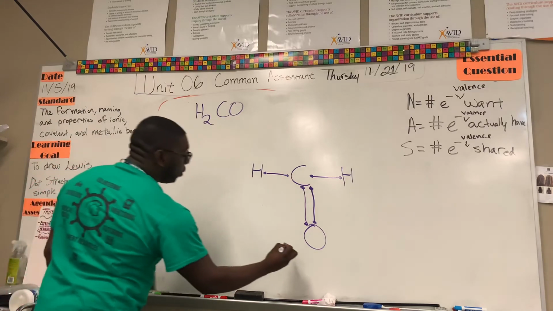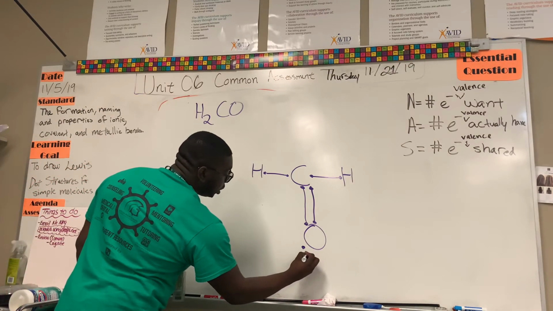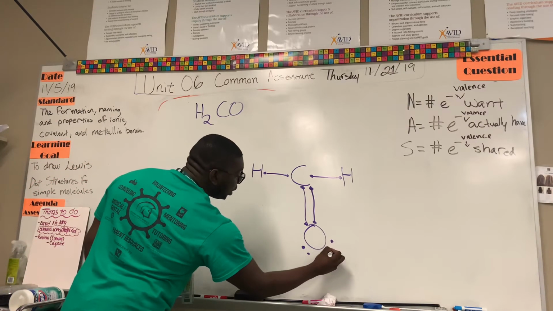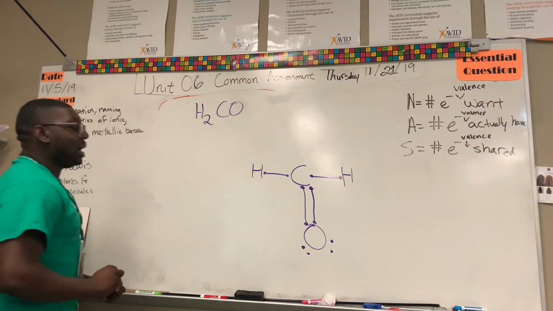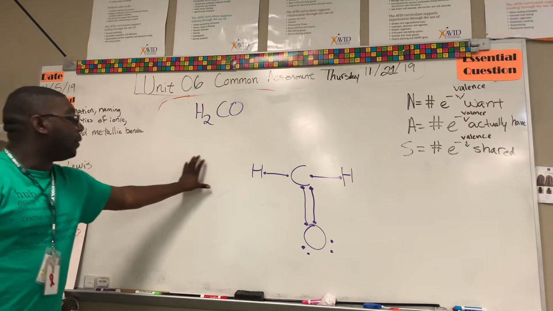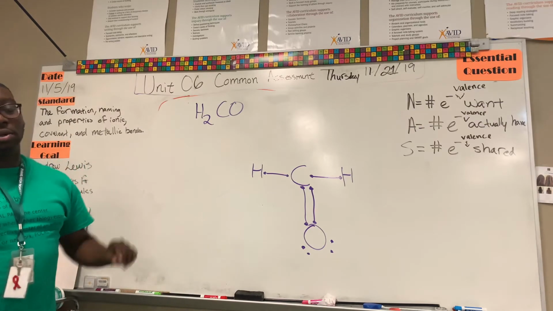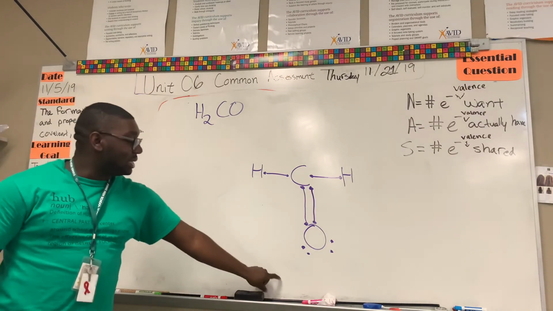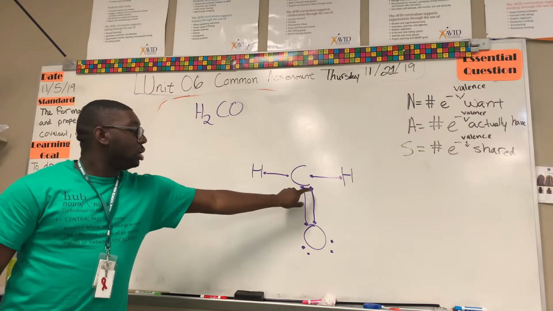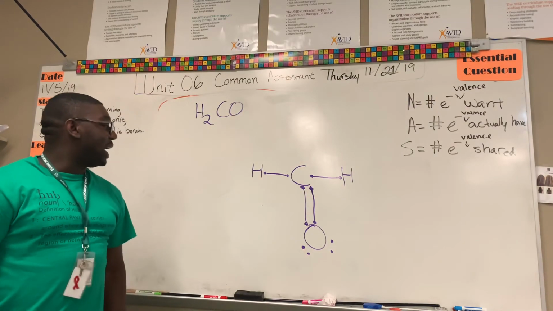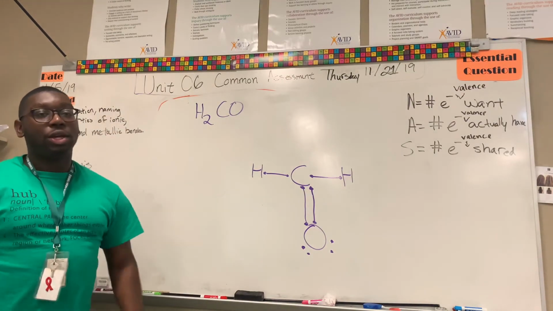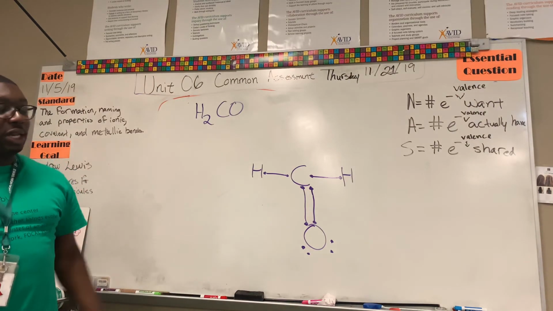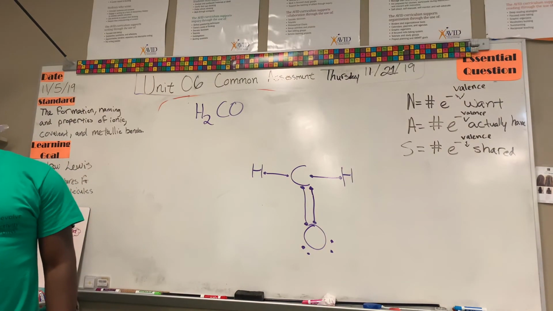So I add 4 more. 1, 2, 3, and 4. I now have my molecule for H2CO. Everybody has their valence electrons. Everybody has their bonds. Your compound is there.